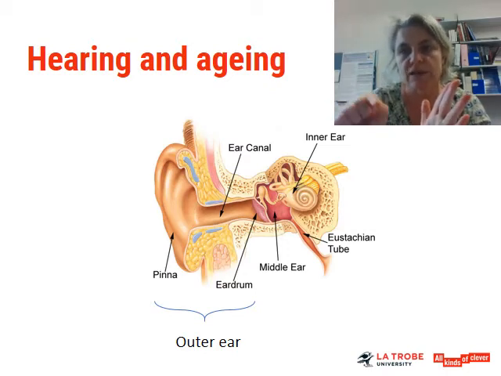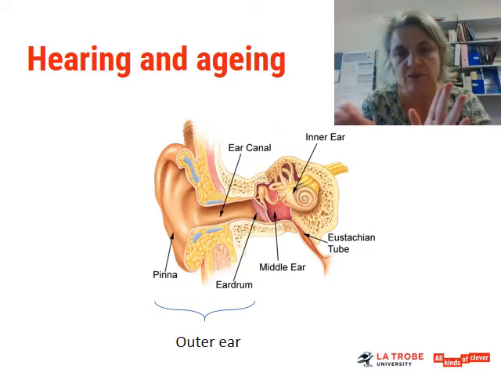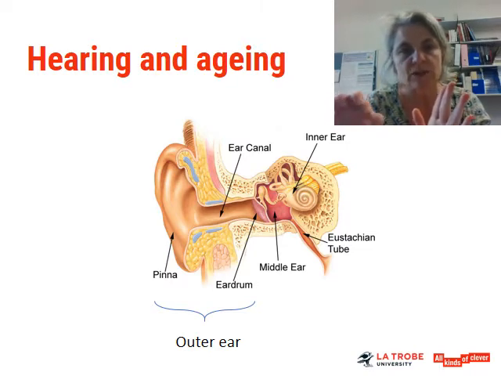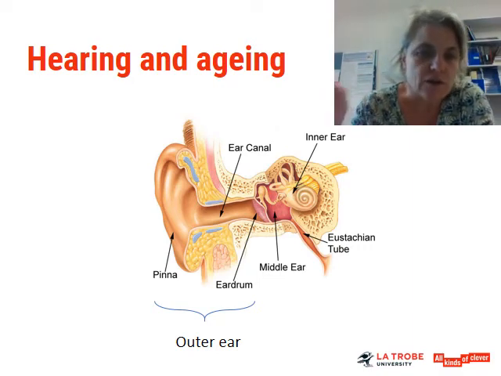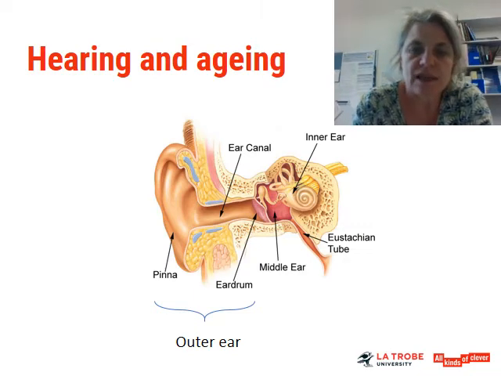And the fluid in the cochlea moves little hair cells that are in the cochlea, and those hair cells transform that mechanical movement into an electrical impulse. That is the neural detection of sound.